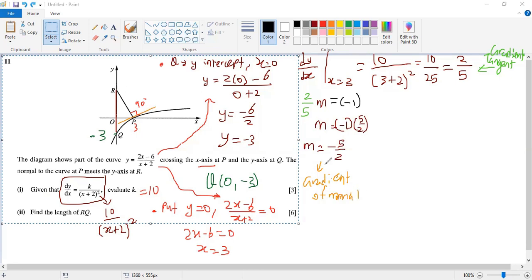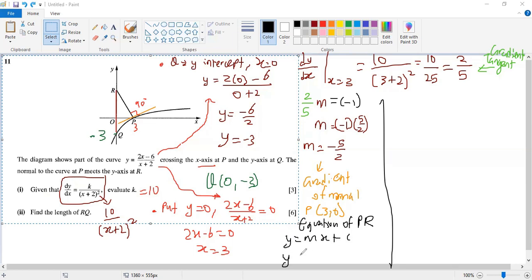We also know a point, not just m: the normal also goes through the point (3, 0). So we have two points and can find the equation of the line y equals mx plus c. Let's try that. The equation of PR or RP, doesn't matter, it's the normal line. y equals mx + c, with the m we just found, -5 over 2.